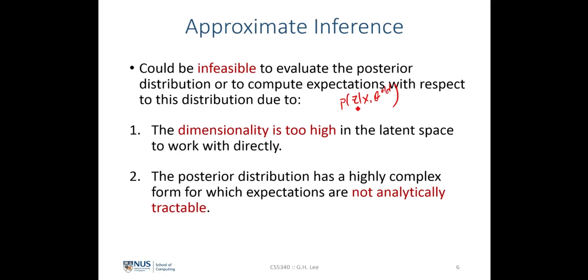And of course, we mentioned in the previous lecture on MCMC that if this posterior distribution becomes too complicated, we can make use of MCMC sampling to sample from it and then directly take the expectation over z of the complete log likelihood of p of x, z conditional upon theta.